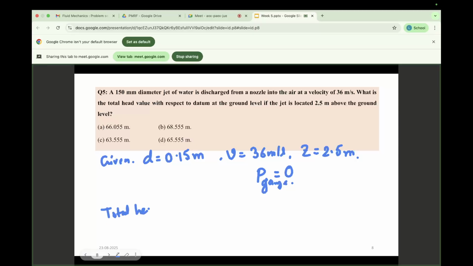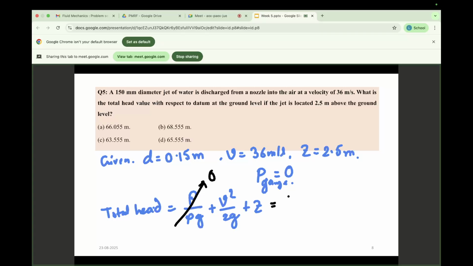I know this formula: total head means pressure head, that is P by rho g, plus velocity head, v square by 2g, plus z. So P is 0, so no need to calculate the pressure head. We just need to calculate the kinetic head and the datum head.